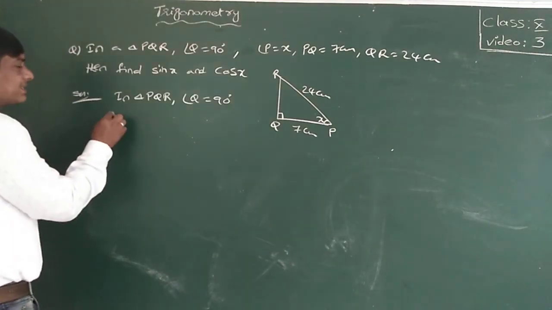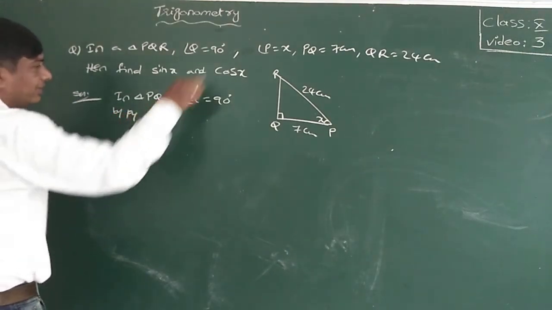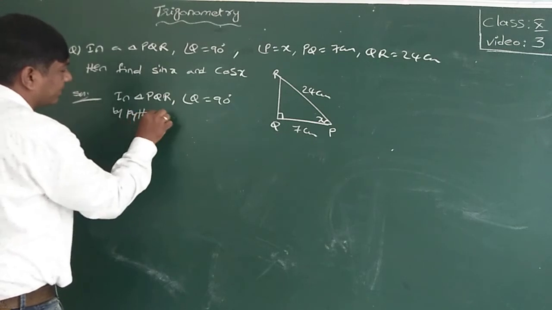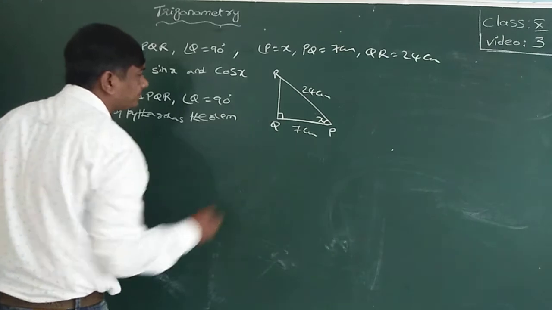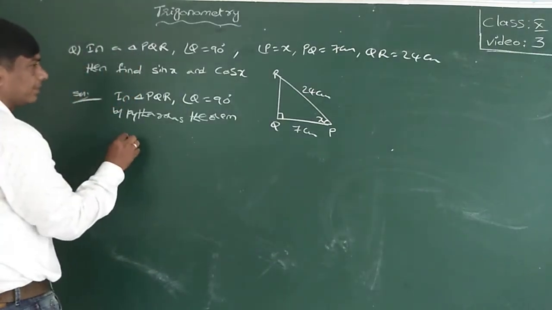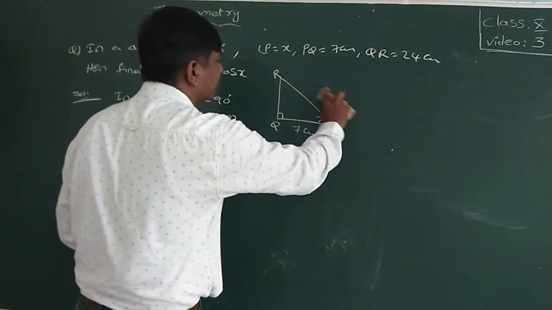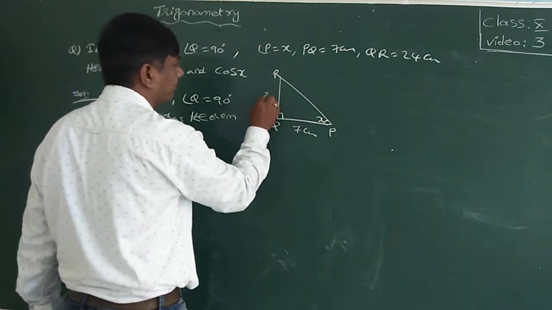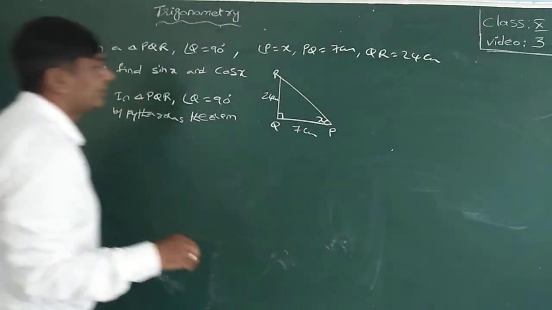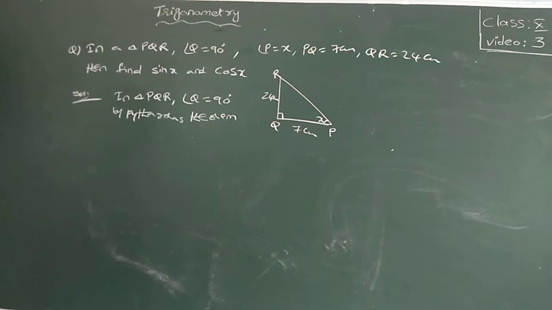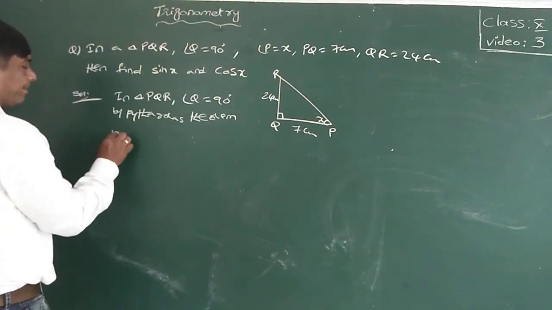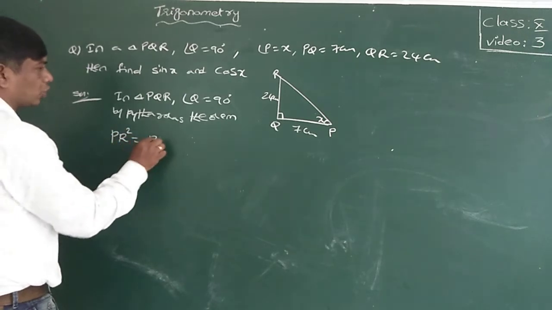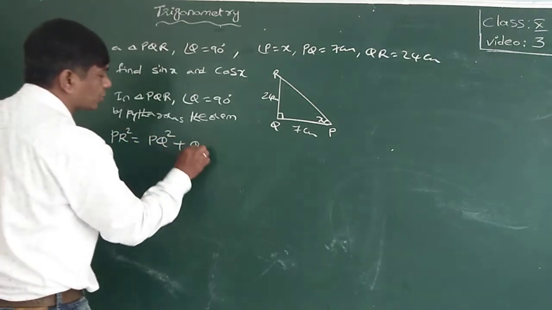By Pythagoras theorem, find out the other side, like the previous one. Sorry, QR is 24, not PR. Now PR square is equal to PQ square plus QR square.